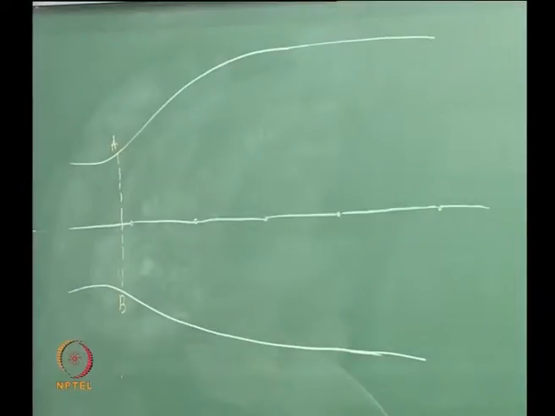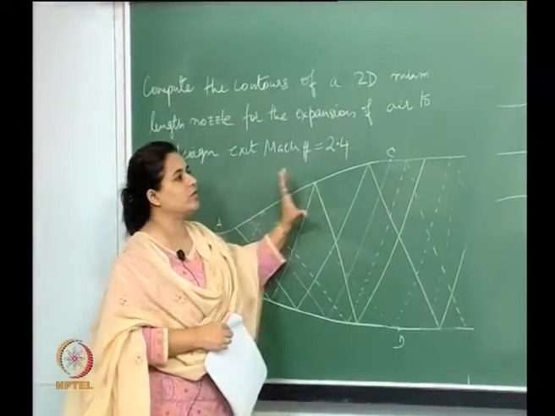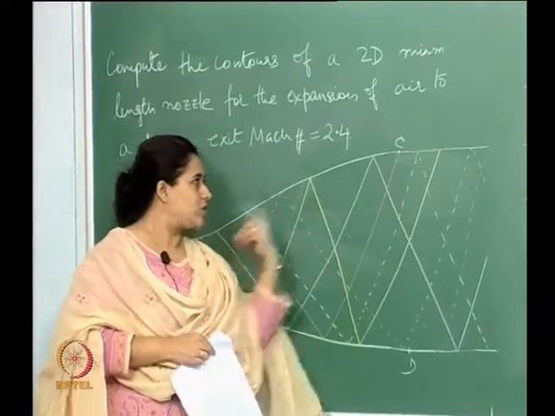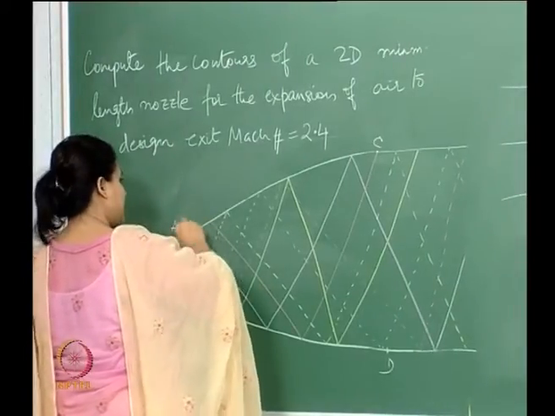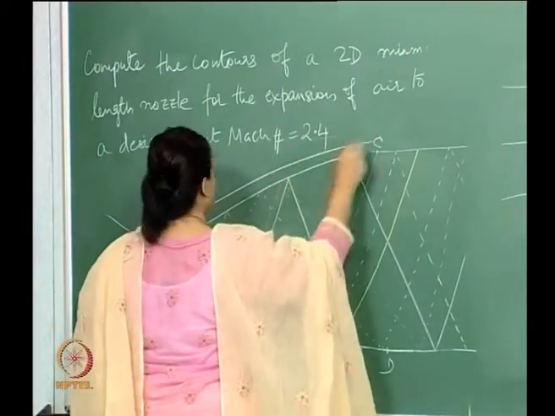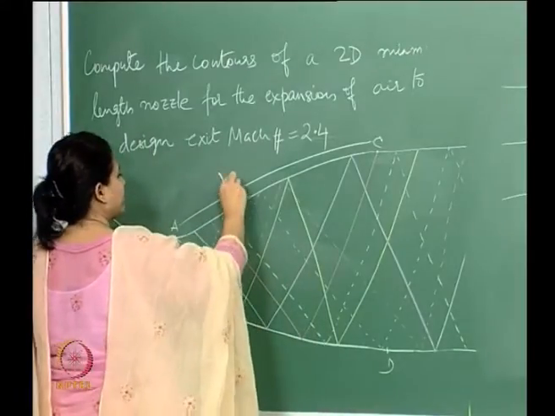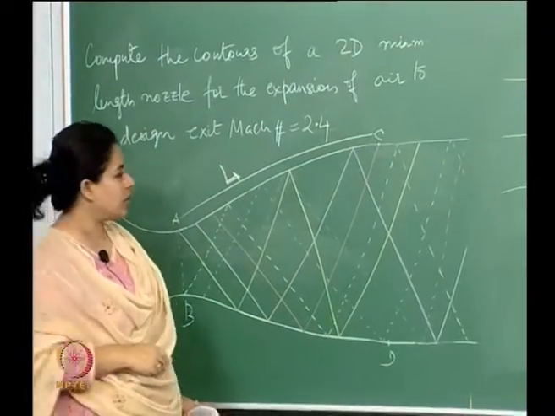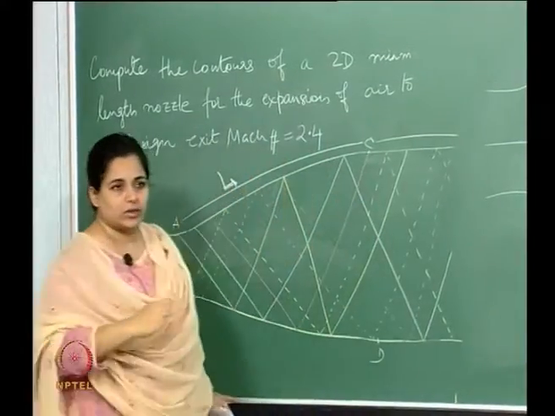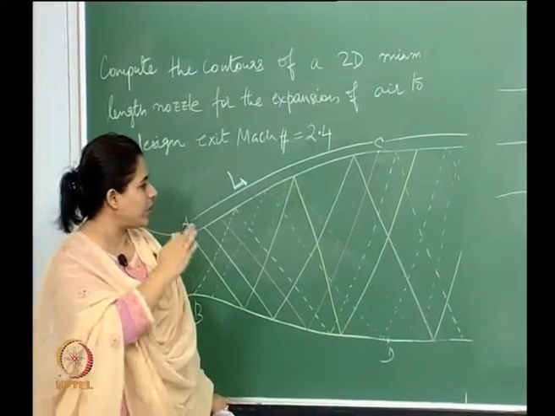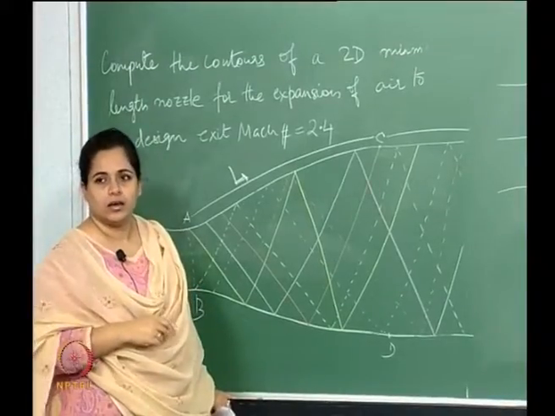Okay. So, unlike in this particular case, when we allowed it to expand over a region, we are going to reduce that region. In this diagram, AC, this length, is your expansion length. After this it becomes a straightening portion, it straightens out. So, beyond CD is the simple region.